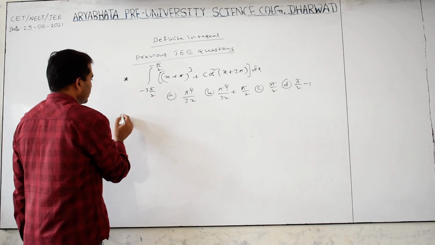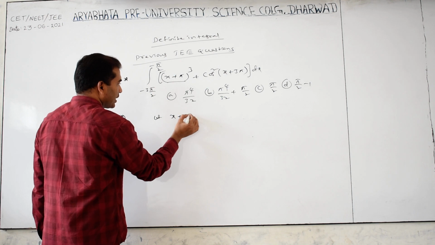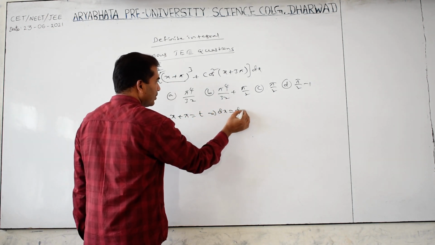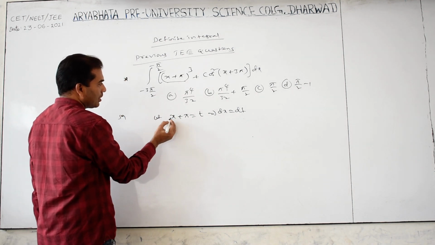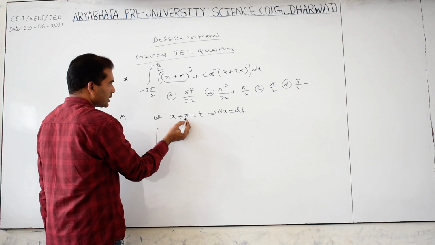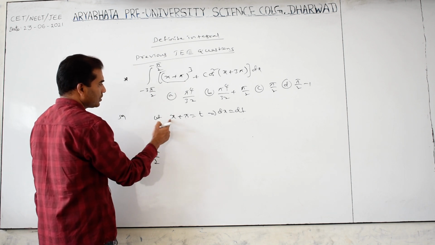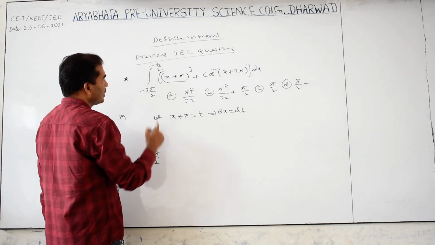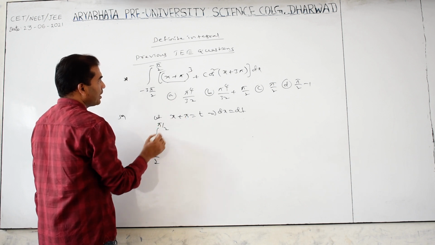To solve this, let x plus pi equal to t, then dx equals dt. Lower limit: if you put x equal to minus 3 pi by 2, plus pi gives minus pi by 2, understood? Upper limit: x equal to minus pi by 2 gives plus pi by 2.